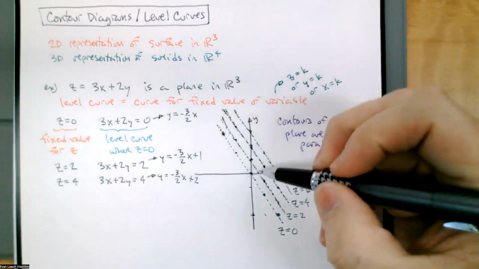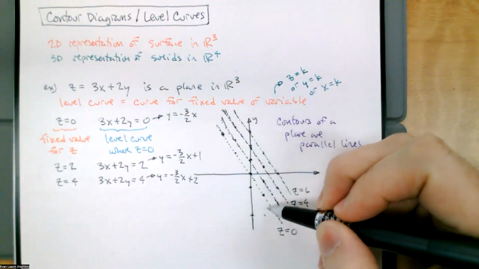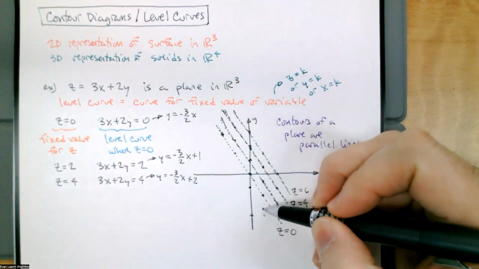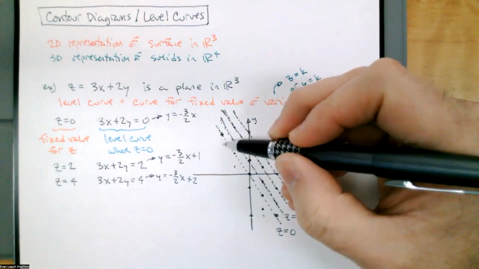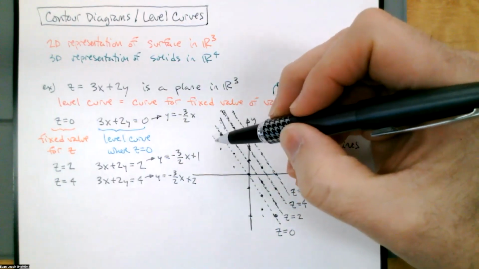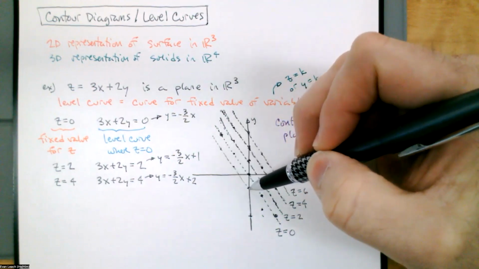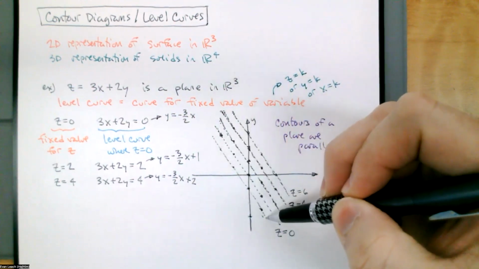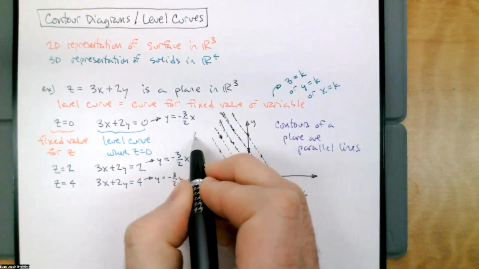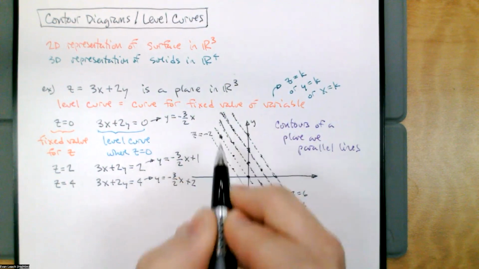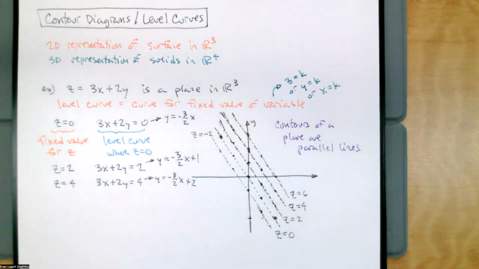We can even go negative, down 1. So we're looking at just a bunch of parallel lines, but these parallel lines indicate different heights.